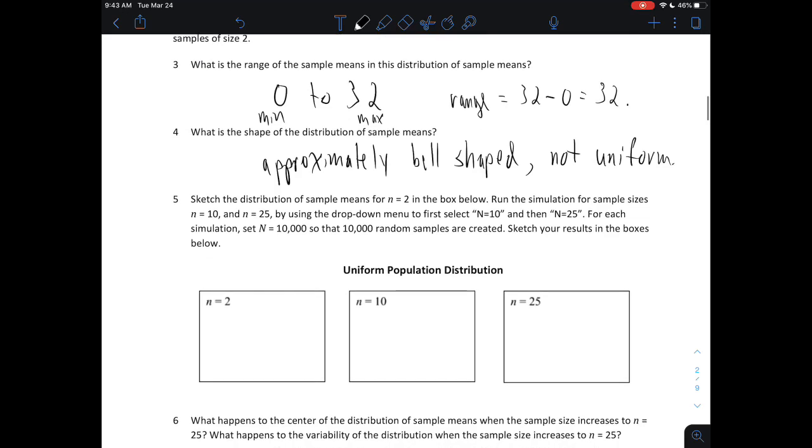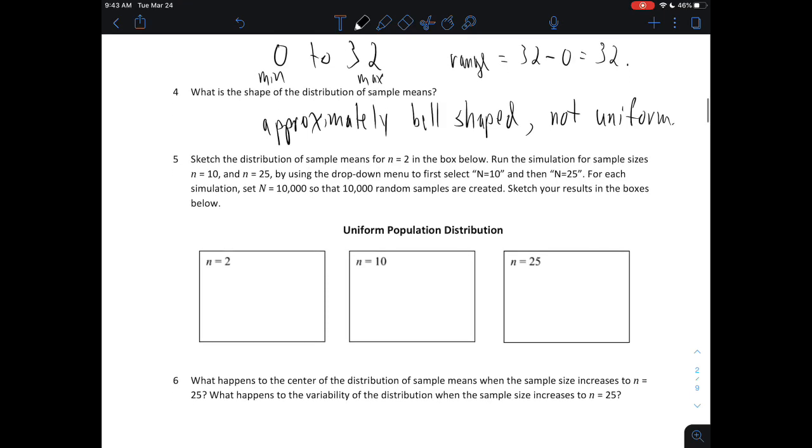Number 5, sketch the distribution of sample means for n equal 2 in the box below. Run the simulation for sample sizes n equal 10 and n equal 25 by using the drop-down menu to first select n equal 10 and then n equal 25. For each simulation, set n equal to 10,000 so that 10,000 random samples are created, and then sketch your results in the boxes below.